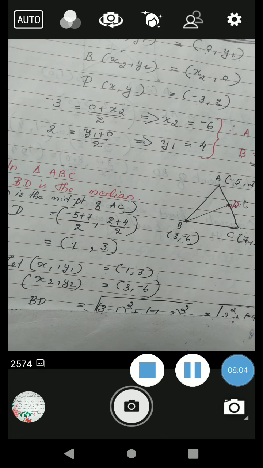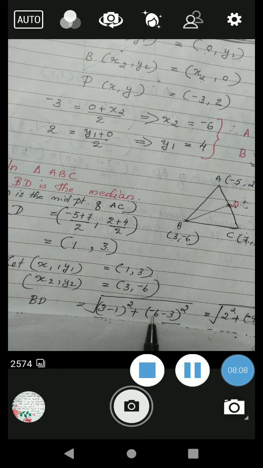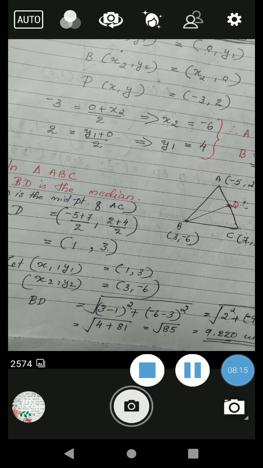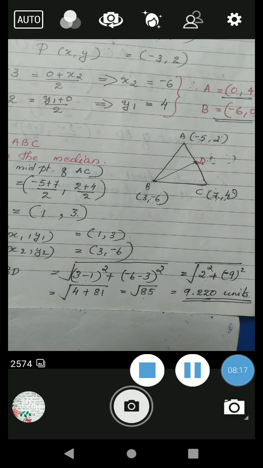So BD is equal to the square root of (x2 minus x1) the whole square plus (y2 minus y1) the whole square, which is equal to 2 square plus (-9) the whole square. Therefore when you solve you will get 4 plus 81, that is root of 85. With the help of Clark's table you can find the square root of 85.